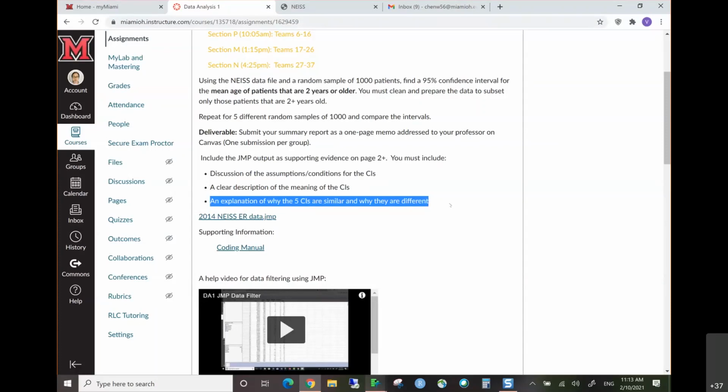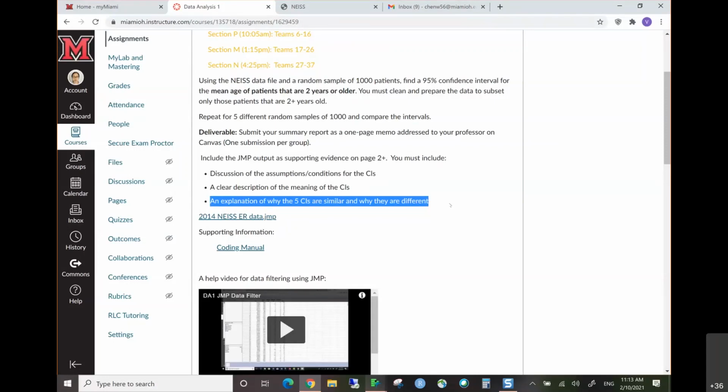Let's have an open discussion. Any idea? Let's say why they are different. Why would these 5 confidence intervals be different?